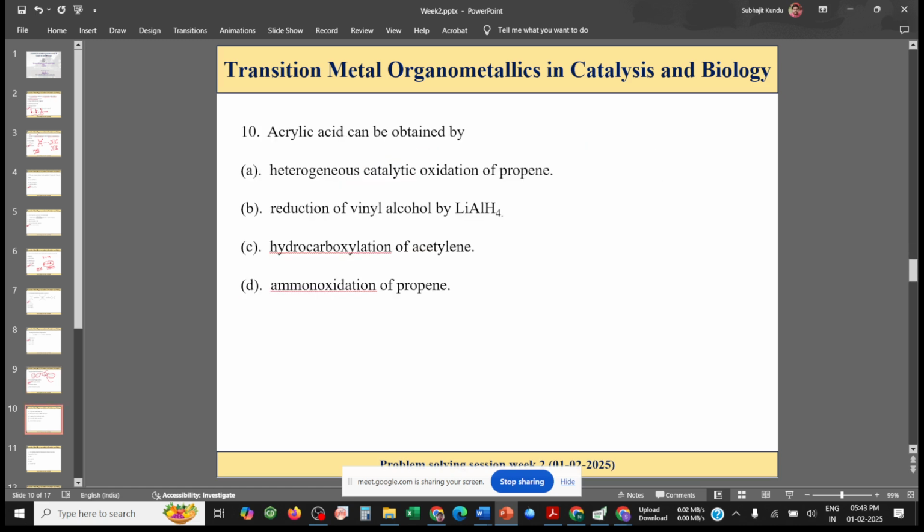Now again we are going back to Reppe synthesis.